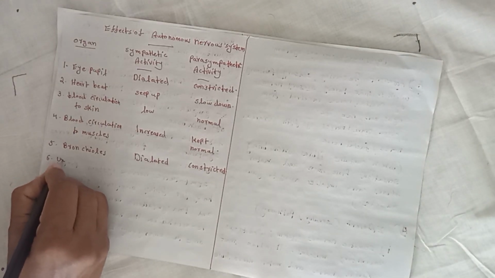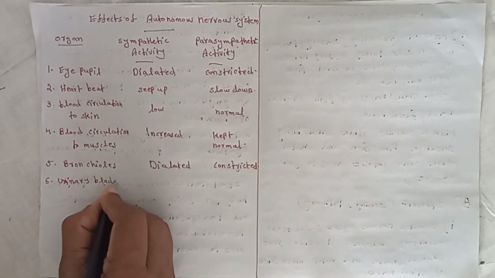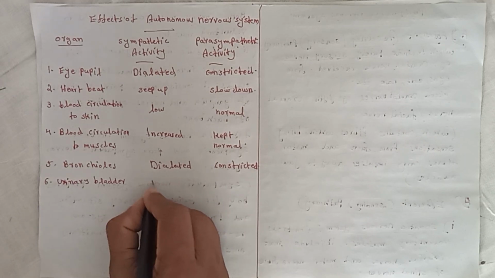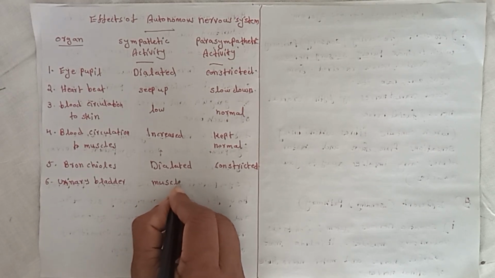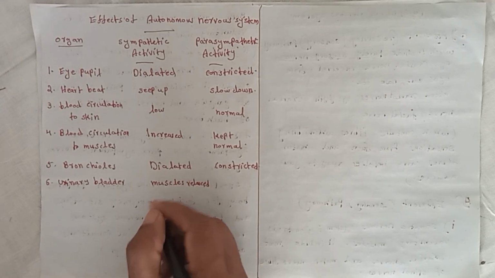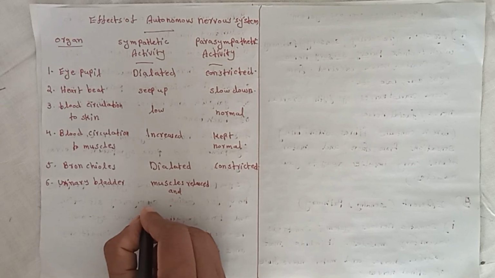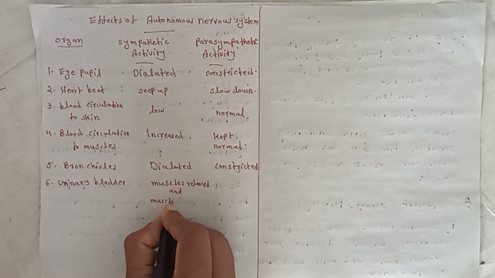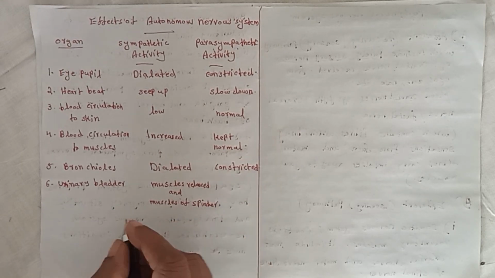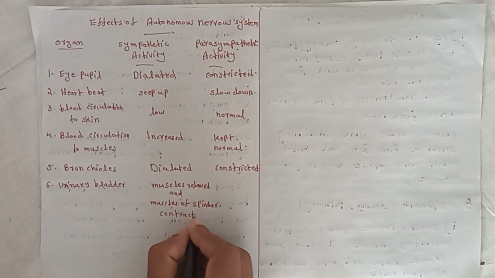Sixth, urinary bladder: muscle relaxed and the sphincter muscle contracts.